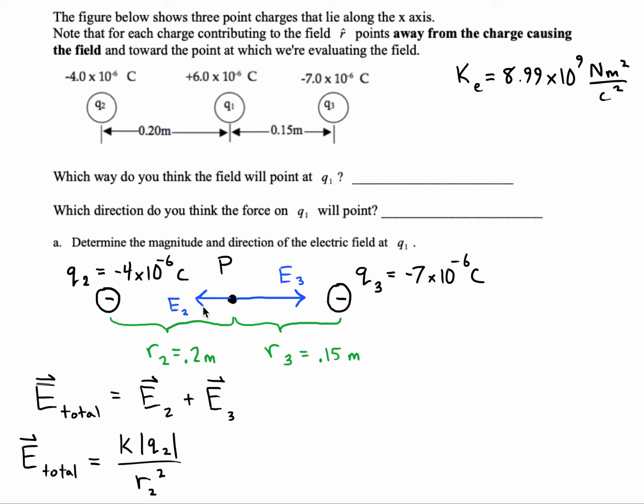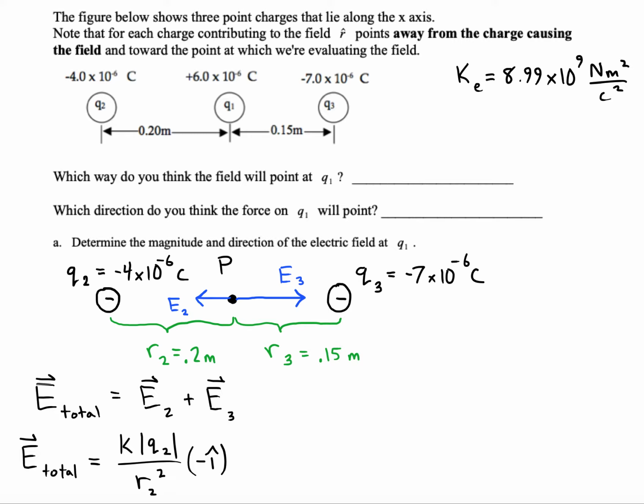So E2, we know, according to the picture, has to point to the left. And so since it points to the left, I can decide to put in a negative i hat as my direction. Positive i hat would be to the right, negative i hat would be to the left. When I do it this way, I don't use the sign of the charge to determine what the direction of the field is.